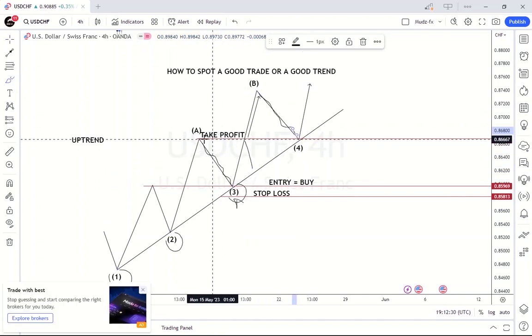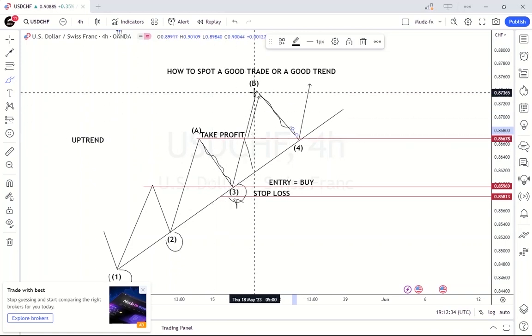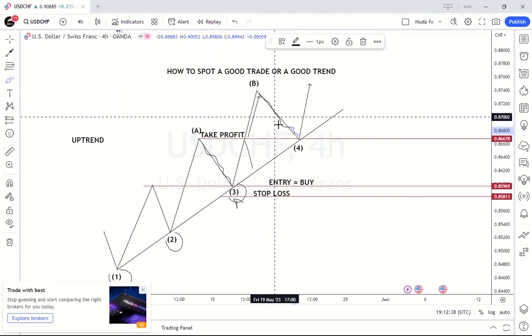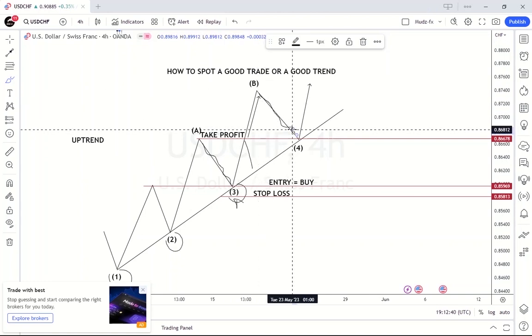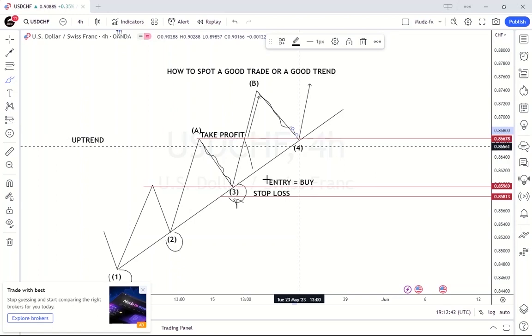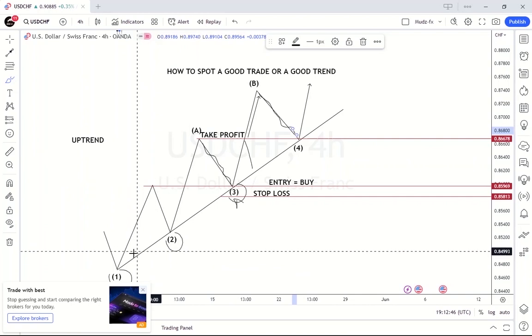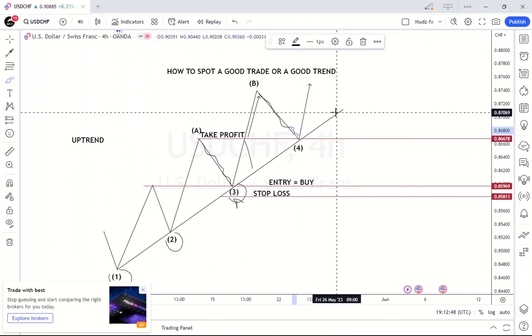Let's say from here we took our profit, right, and let the market play out, and then from here it came back with a corrective wave, and now it's on number 4. It is still going in a trend, in an uptrend.